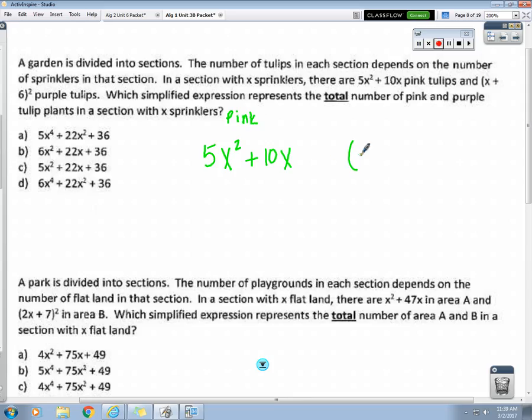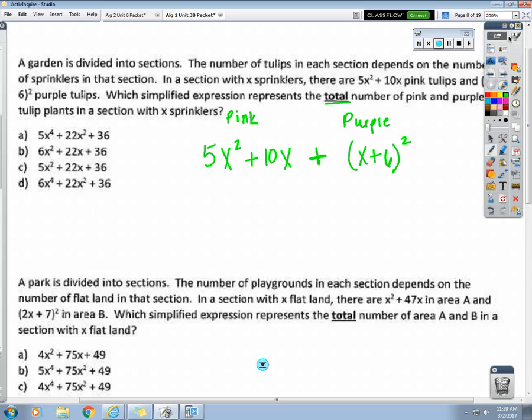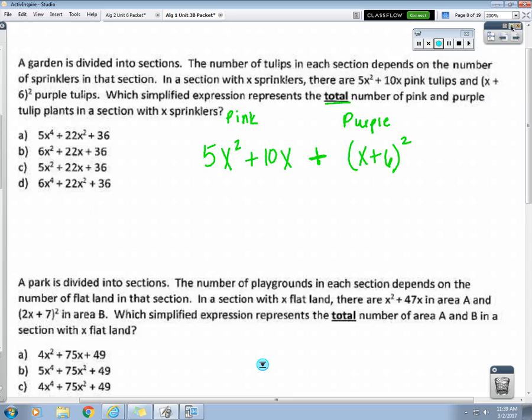And there are x plus 6 squared purple tulips. Which simplified expression represents the total number of pink and purple tulips in a section with x sprinklers? What does that word total tell you need to do? Add them. Okay, however, before we can add these, what needs to be done first?